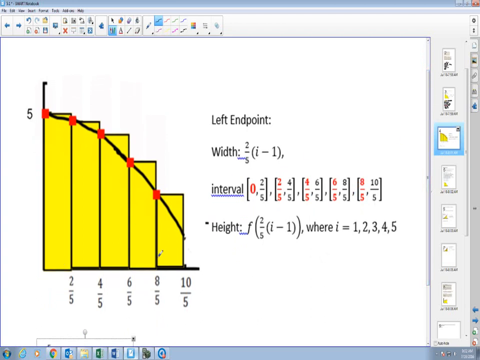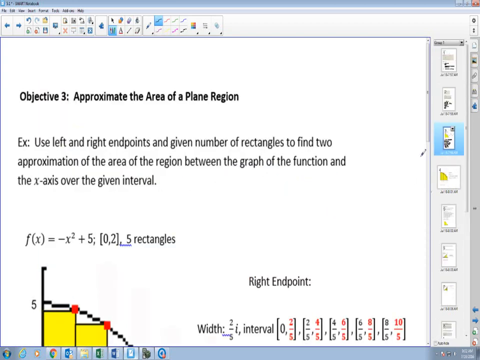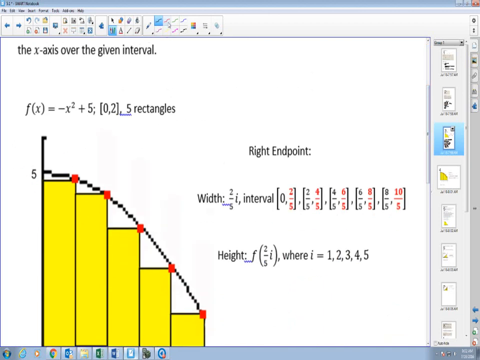If I would extend my very first rectangle, if I would pick the left endpoint and draw a rectangle here, for the second one, from the left endpoint, draw another rectangle. From the left endpoint, draw a rectangle. That will actually include all these white parts.